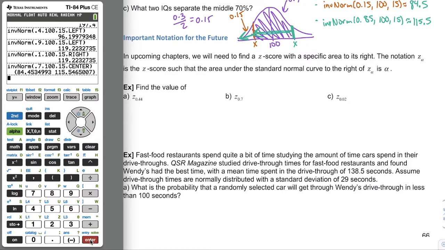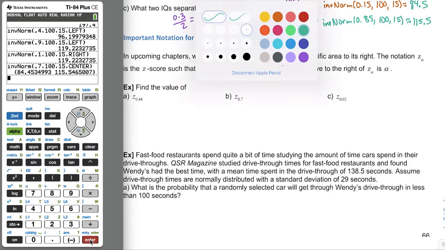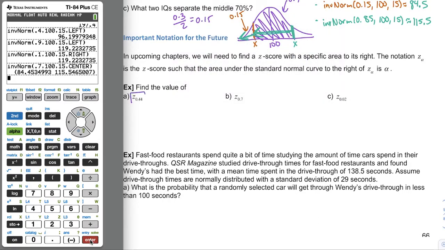For this example, we're finding Z alpha numbers. The reason I'm introducing this notation is because you will see this notation for sure in chapters 9 and 10, and I want the notation to not be super mysterious. So this notation, Z with a subscript of 0.44, is referring to a Z-score with an area of 0.44 to its right.